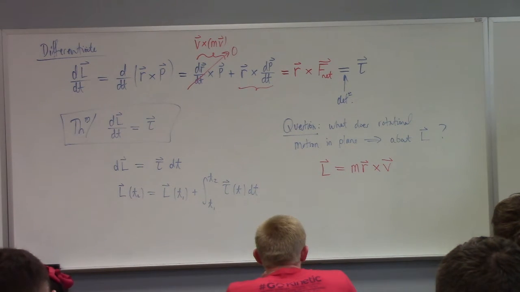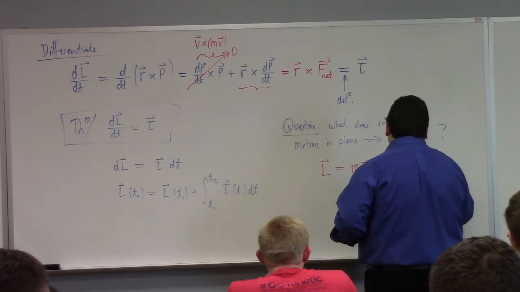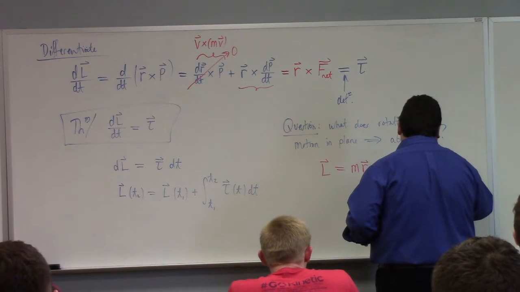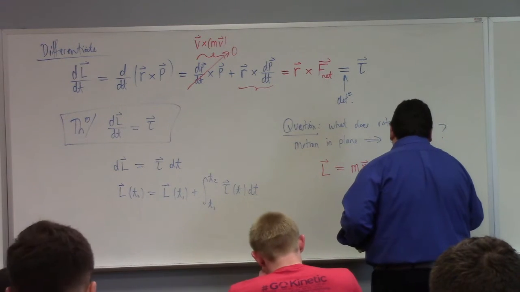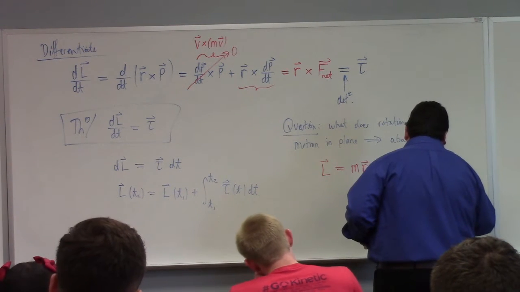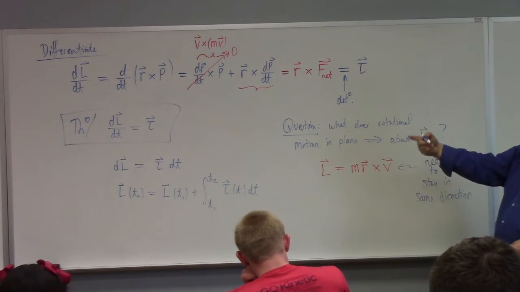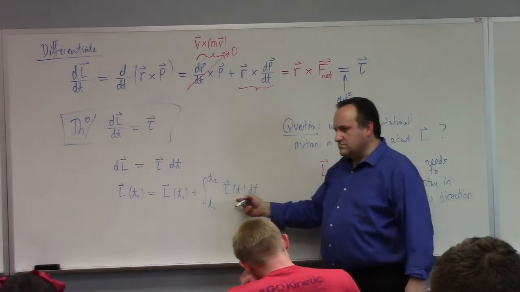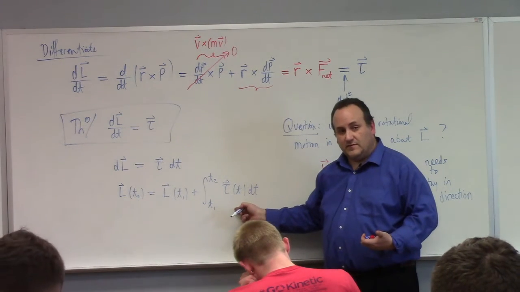The magnitude could change, but the direction has to be the same. So in order for it to stay in the same direction, what would that take for your torque? Your torque would have to be in that same normal direction.